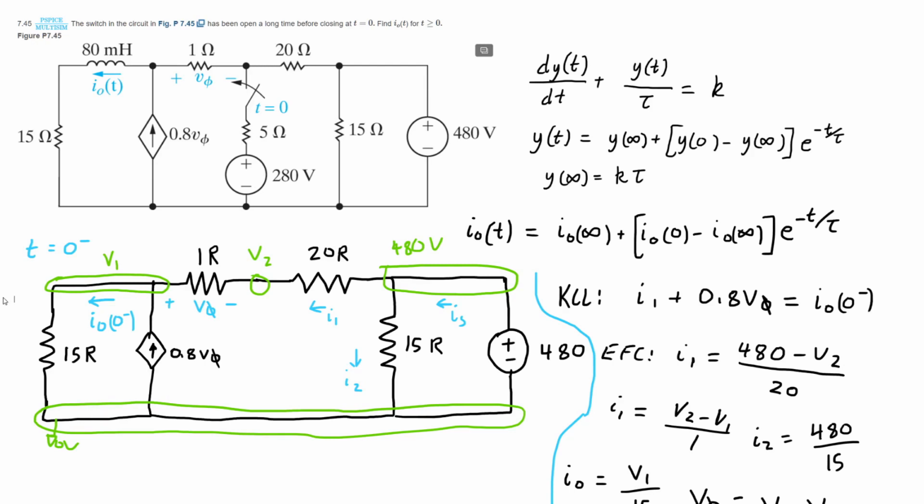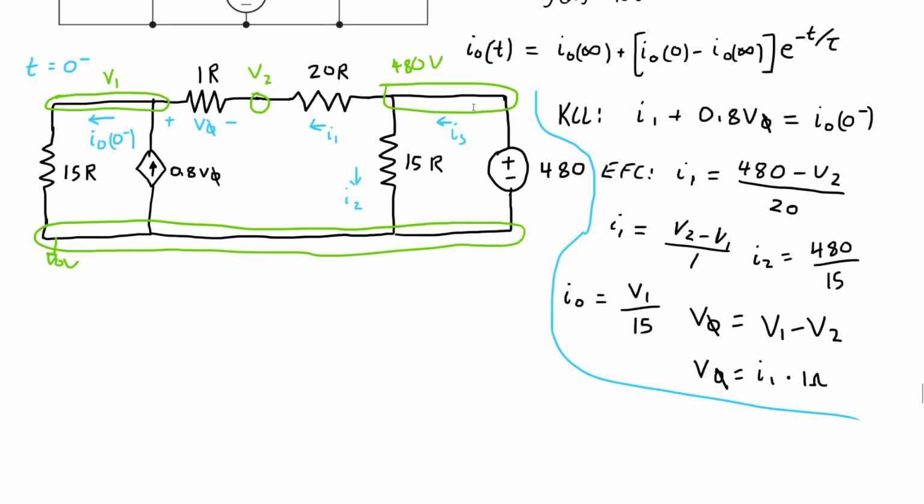So we're going to find I initial and I infinity, and then we're going to find the time constant tau by calculating the equivalent resistance. Basically we're going to analyze the circuit twice and then use that last bit to find how it responds.